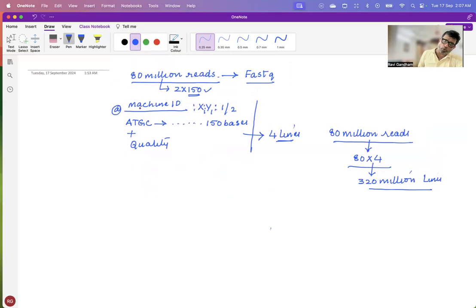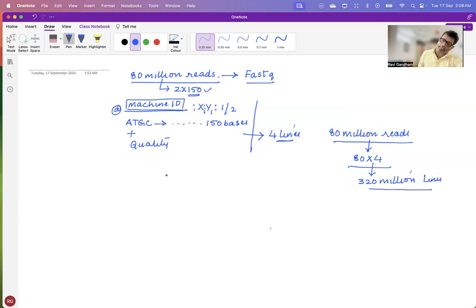What did I mention here? The line will give a machine ID. For example, if you have generated your data by using Illumina HiSeq or Illumina NovaSeq, then that specific machine ID will be given here. And this will be common for all the reads. That's what we need to understand.